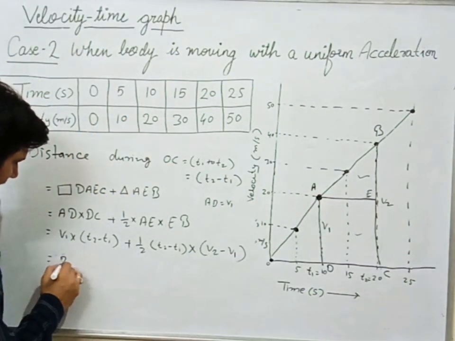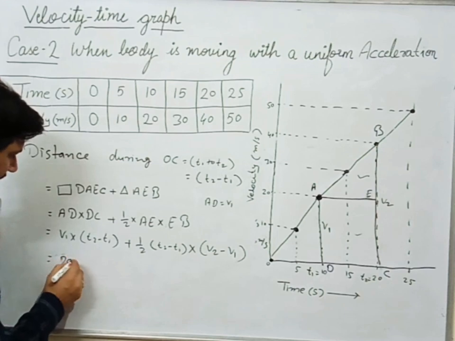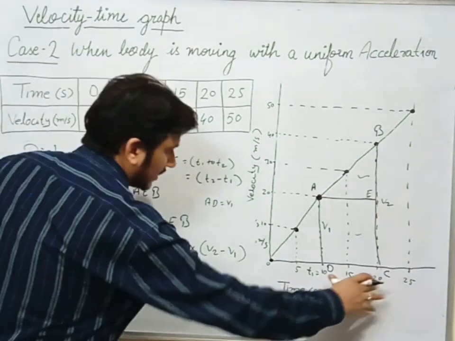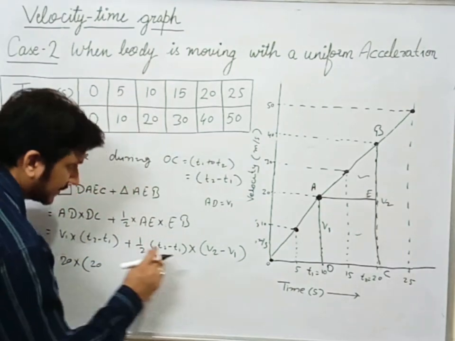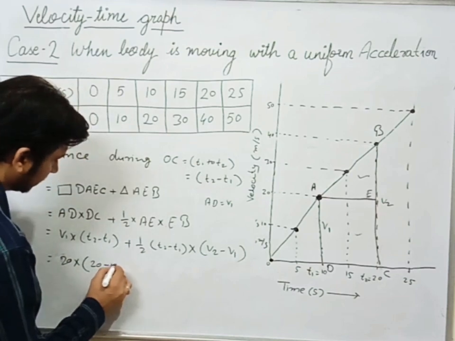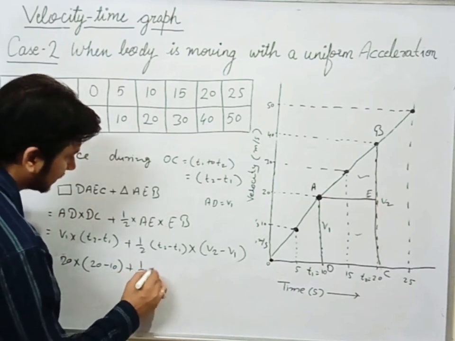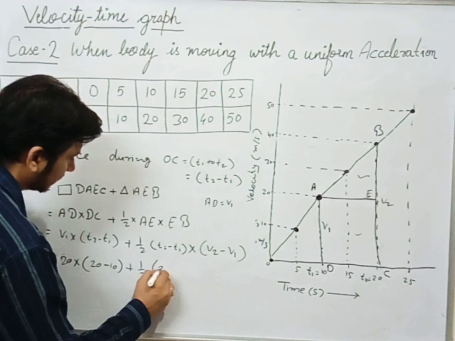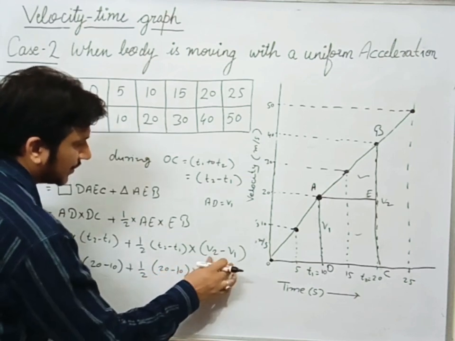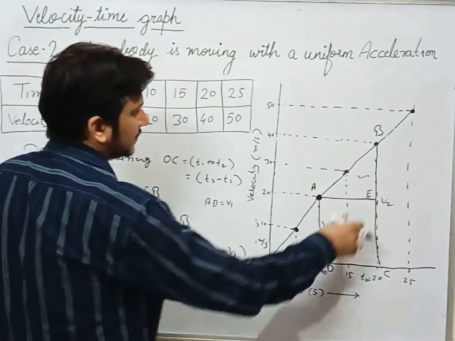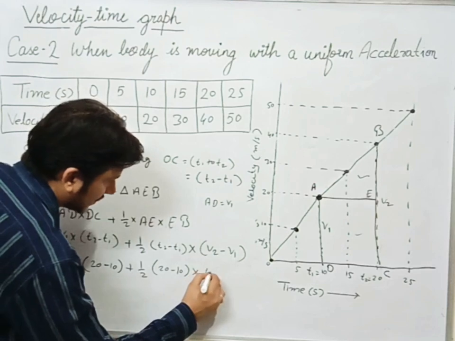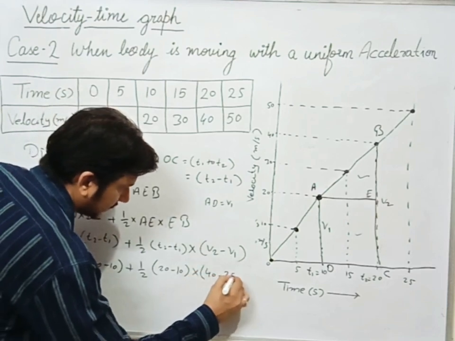Here V1 equals 20 meters per second and T2 minus T1 is 20 minus 10, plus half into 20 minus 10 into V2 minus V1, which is 40 minus 20.